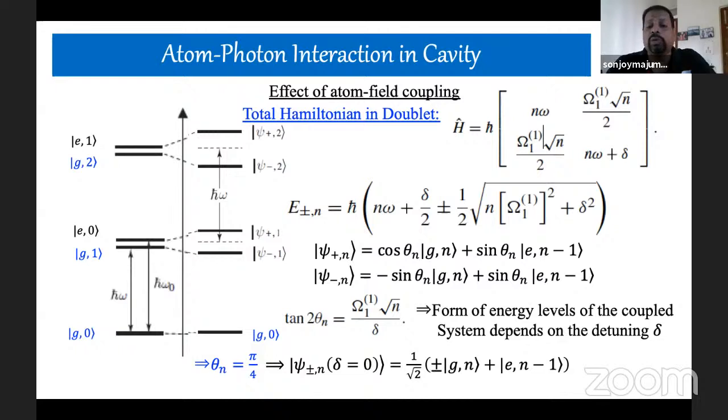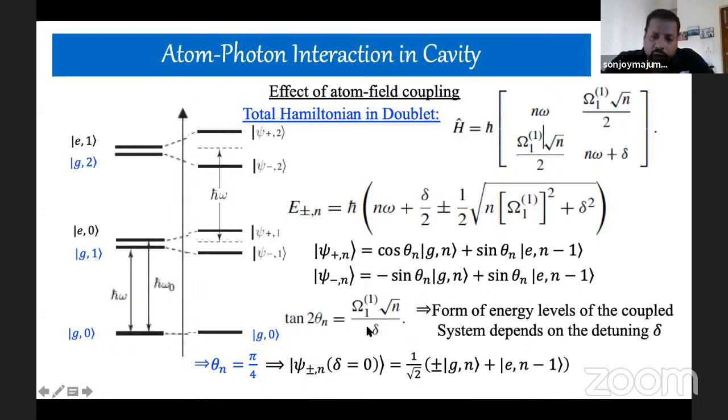Before that, one more point which I want to stress here. If delta is equal to, or close to, 0, sorry, I think I did a wrong thing, yes it was right.